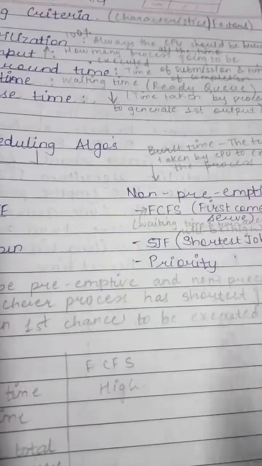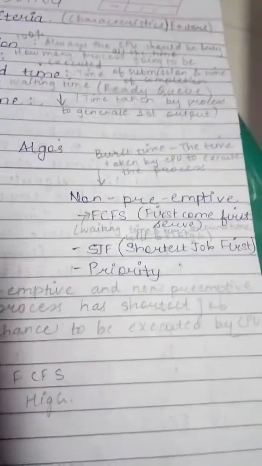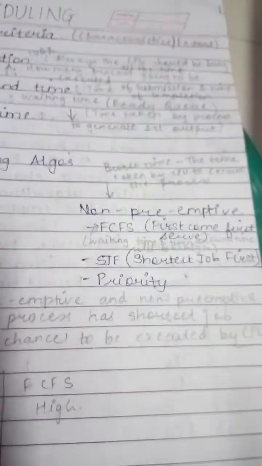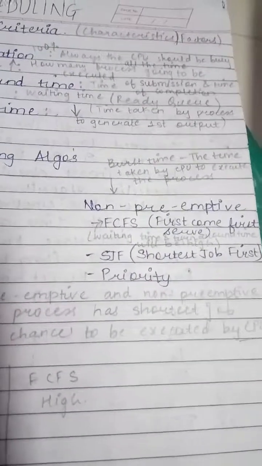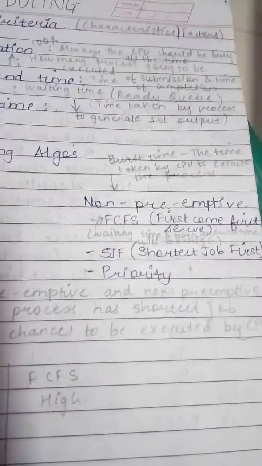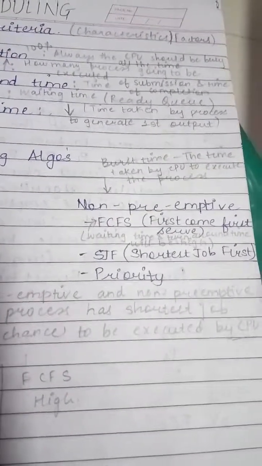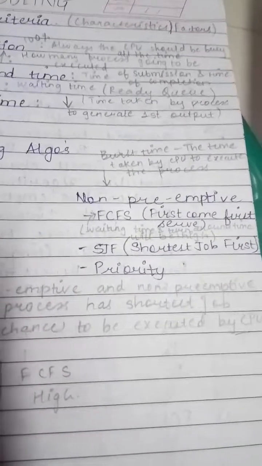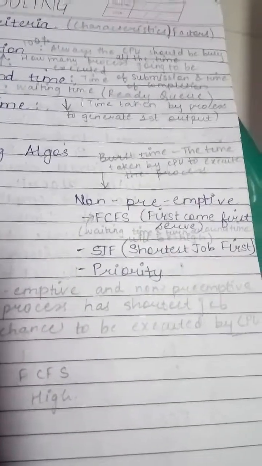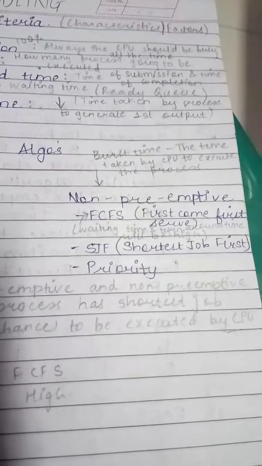Non-preemptive is basically if one process is being executed by the CPU, and some higher priority process arrives, it will not interrupt the process which is currently being executed. This is all about non-preemptive.